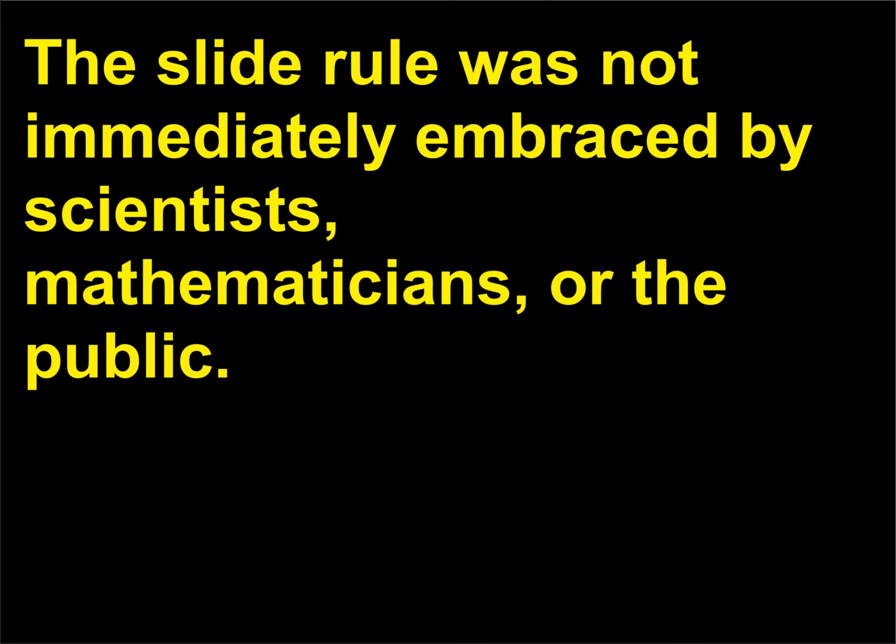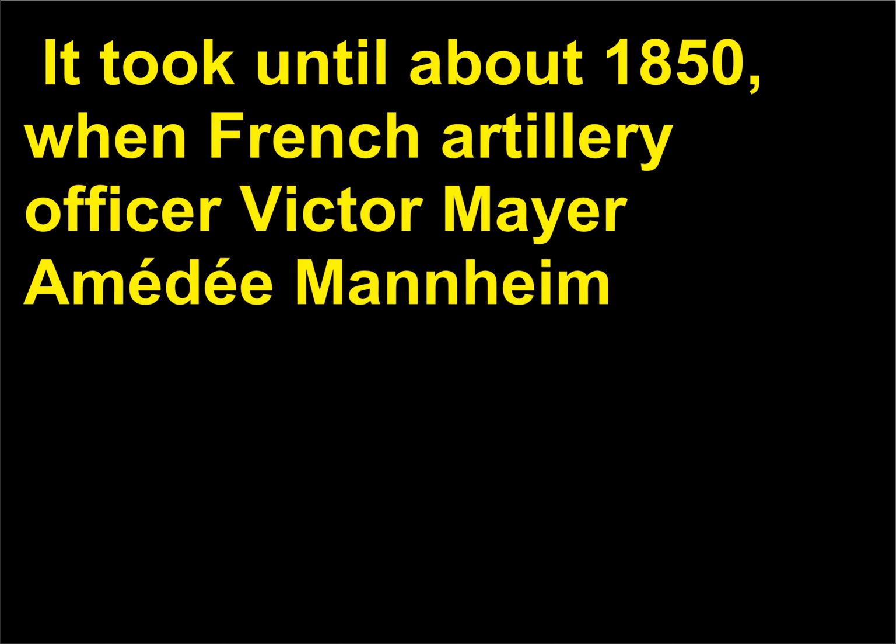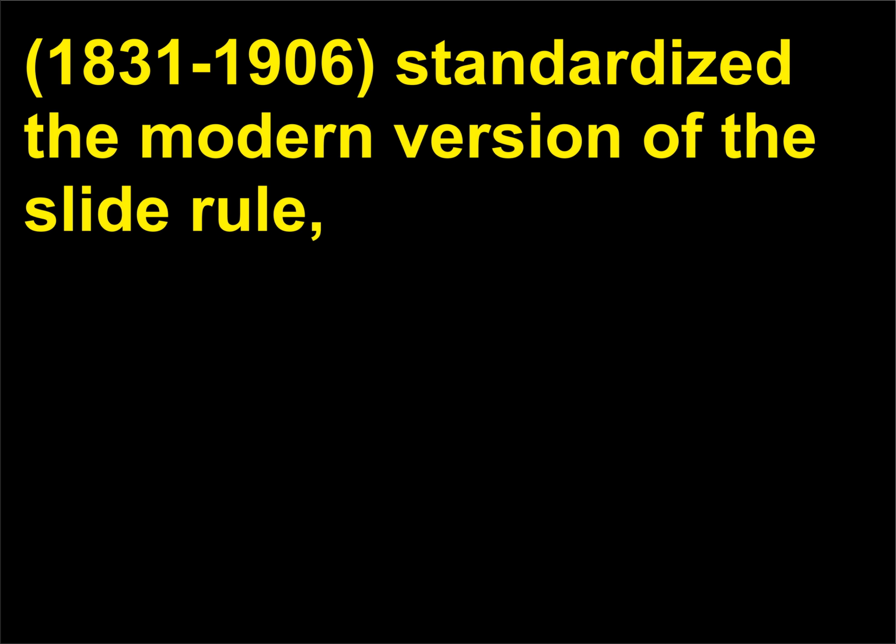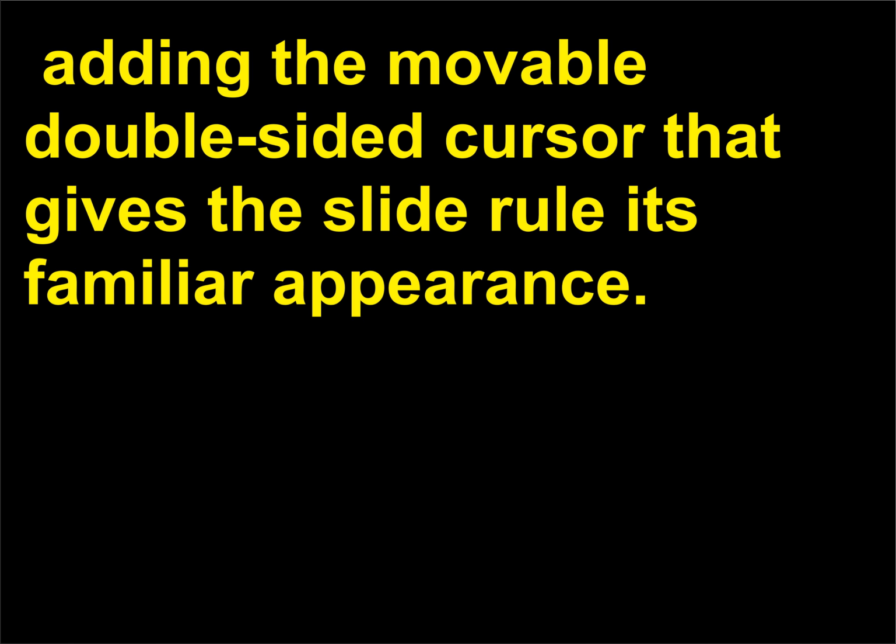The slide rule was not immediately embraced by scientists, mathematicians, or the public. It took until about 1850, when French artillery officer Victor Meyer-Amédée Mannheim, 1831 to 1906, standardized the modern version of the slide rule, adding the movable double-sided cursor that gives the slide rule its familiar appearance.